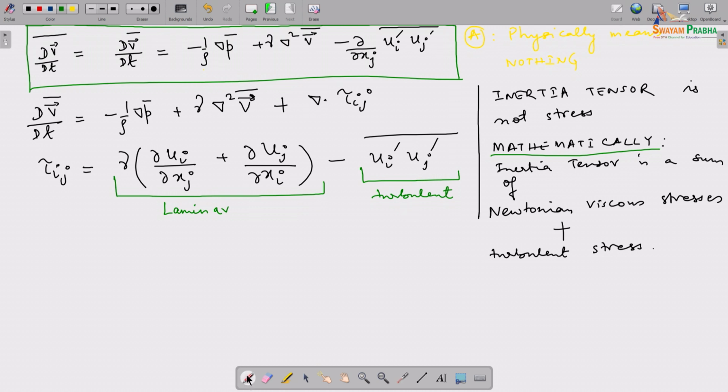So, typically therefore, in a turbulent boundary layer, a term like this, UV time averaged, is actually called a turbulent shear, right.